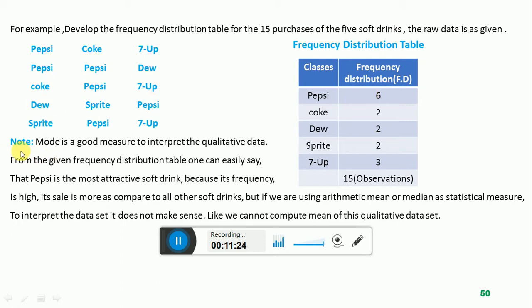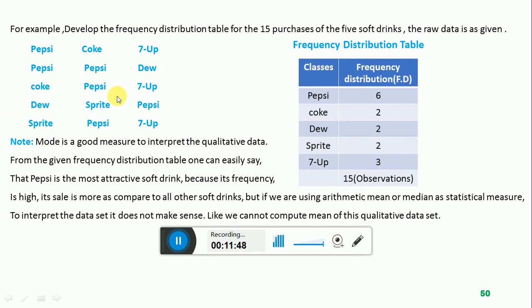So let me read this theory note. Mode is a good measure to interpret qualitative data. This note means that we cannot interpret this given raw data set using the arithmetic mean, meaning average value, or using the median. Why?